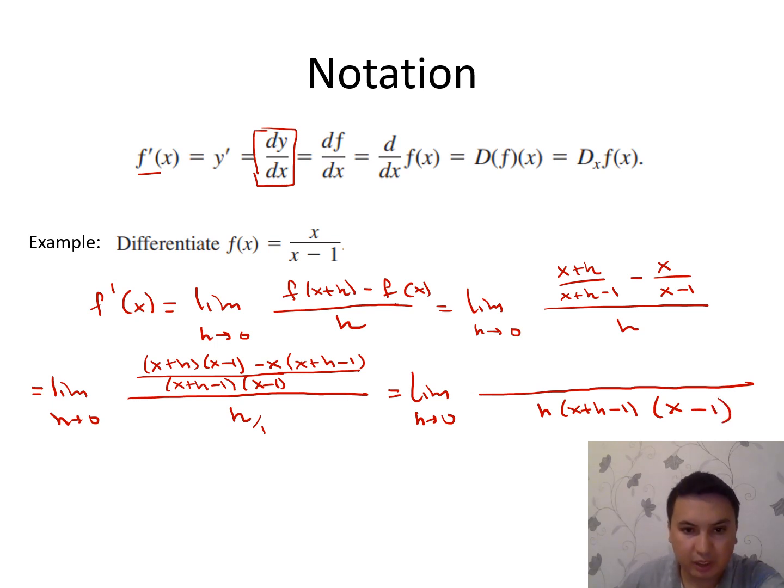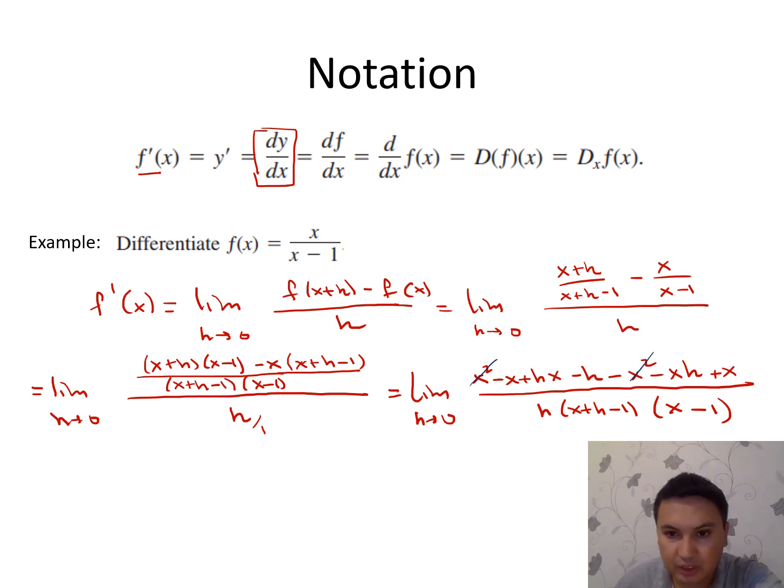Now what do we get at the top? So you expand the parentheses, so you get x squared minus x plus hx minus h, and multiplying out the second one, we get minus x squared minus xh plus x. Right, hopefully there are some cancellations.